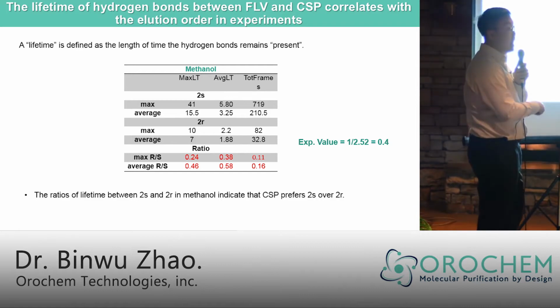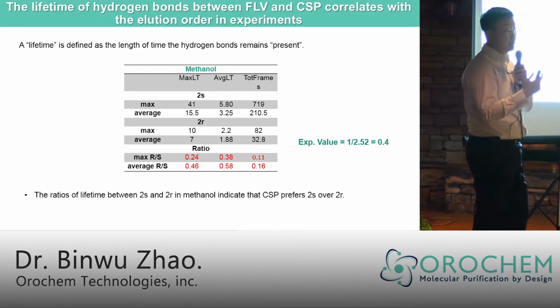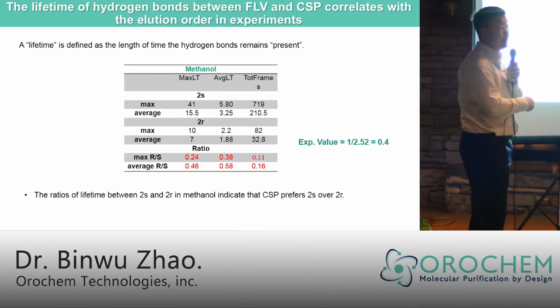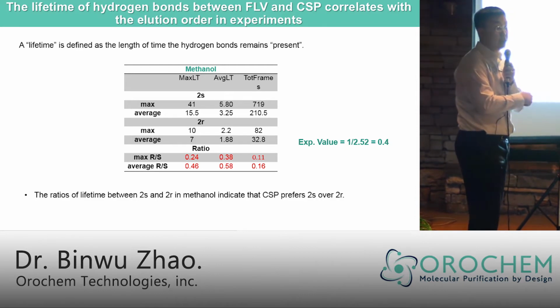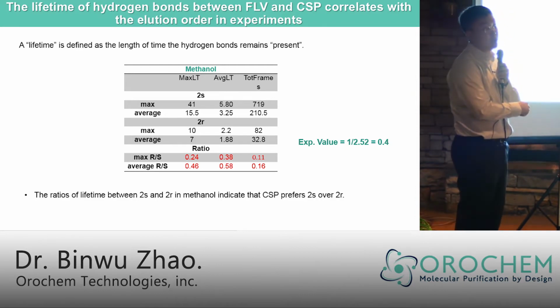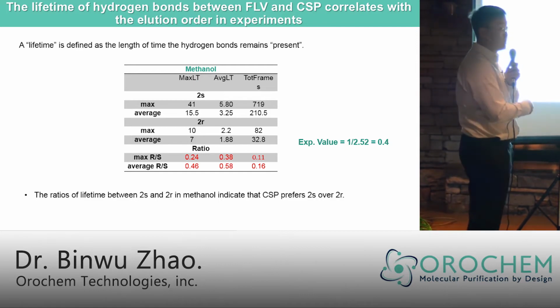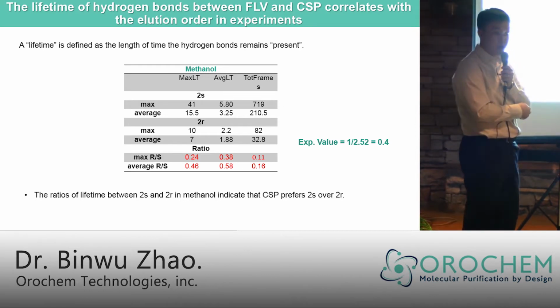That means the hydrogen bonds of S and the CSP last longer than R. So R stays in the system shorter, and R is the first one that comes out of the column. And that corresponds with the observation in experiments, which is that R actually comes out first.